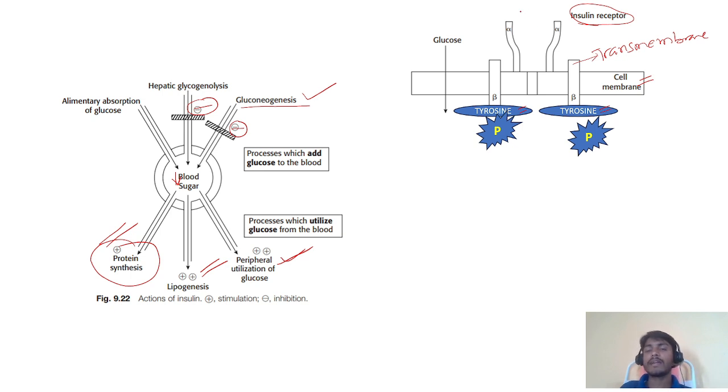Whenever insulin comes and binds to the alpha subunit, the beta subunits are activated. Once the beta subunits are activated, the tyrosine moiety of the beta subunits is phosphorylated.